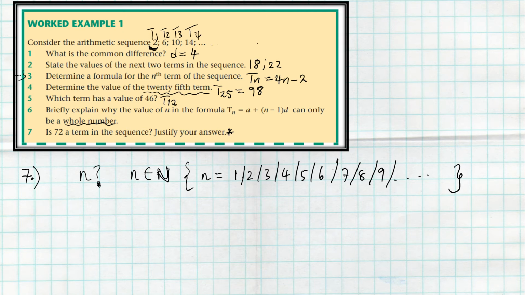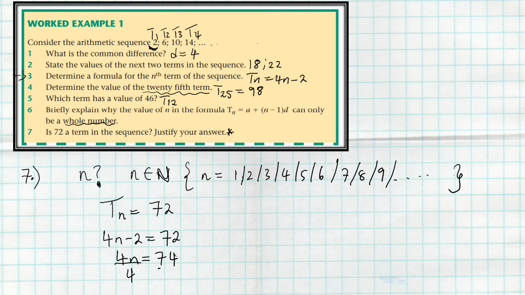So basically we're going to calculate its position. To calculate its position, our Tn must be equal to 72. We already know our Tn is 4n minus 2, so 4n minus 2 is equal to 72. Then we can solve for n. This 2 goes to that side, so 72 plus 2 is 74.